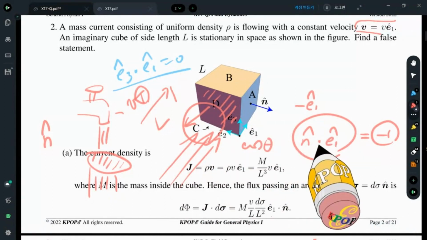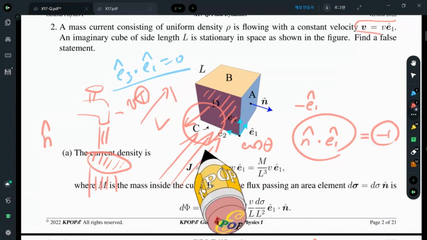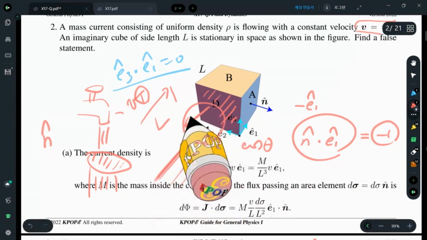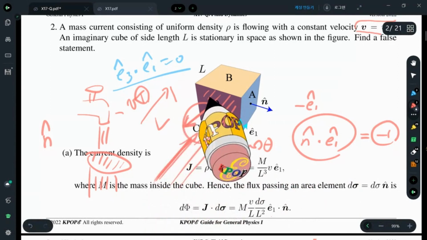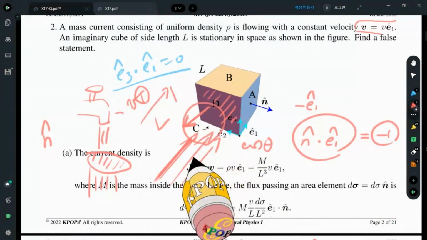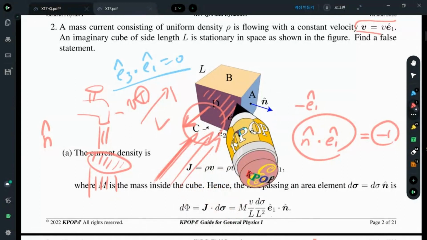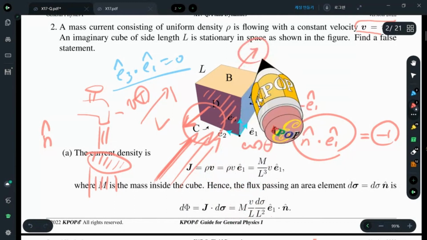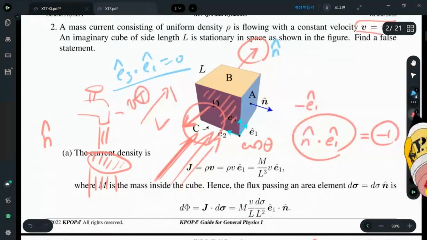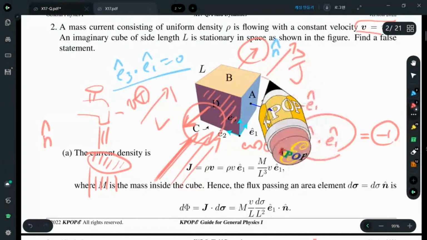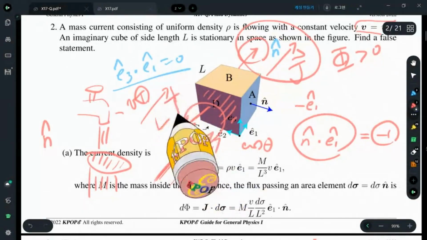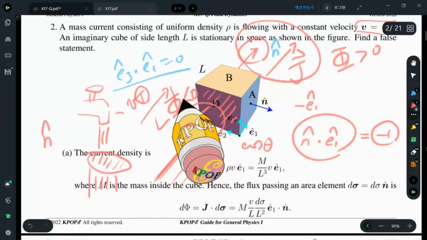The flux is positive only if the direction of the flow and the normal vector of the surface are parallel. In this case, normal vector and current J are parallel, so flux is positive. In this case, flux is negative.